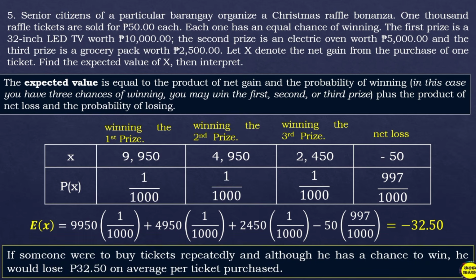If someone were to buy tickets repeatedly, although he has a chance to win, he would lose 32 pesos and 50 centavos on average per ticket purchase. So, there is still a chance that you win with the one ticket you bought. It is a matter of luck. But, when you buy a ticket, you have a chance to win, but you would lose 32 pesos and 50 centavos on average per ticket purchase.